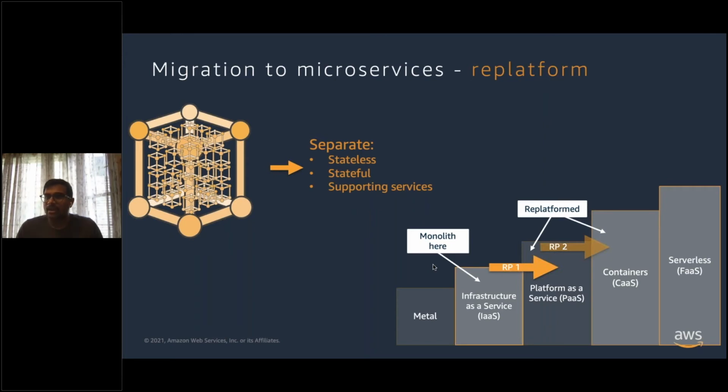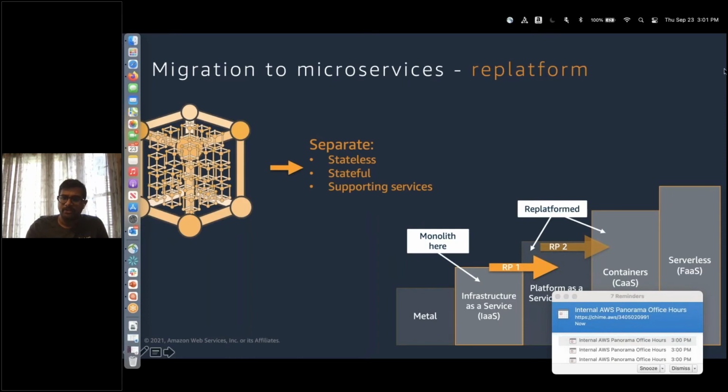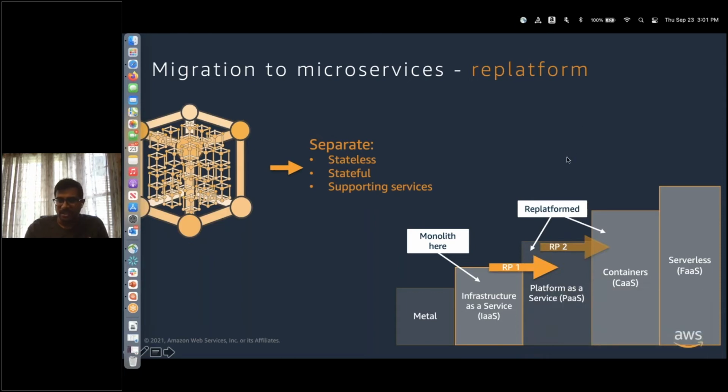In this case, it could be containers like Elastic Beanstalk or Elastic Kubernetes Service (EKS) that we have, or even if you want to think about going serverless, you could go all the way to services like Lambda, where you don't really have any servers to maintain. So that is what we call container as a service, and finally, function as a service.